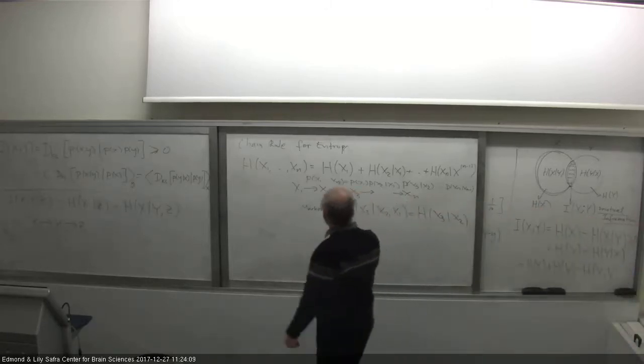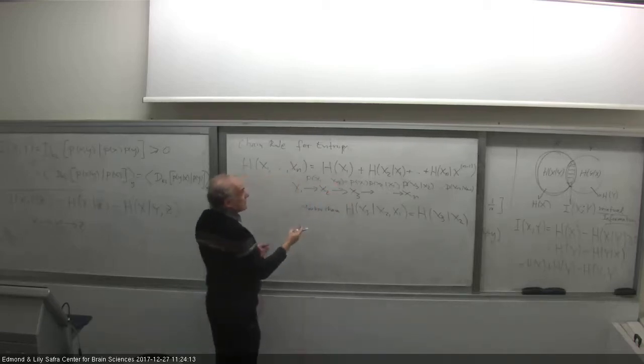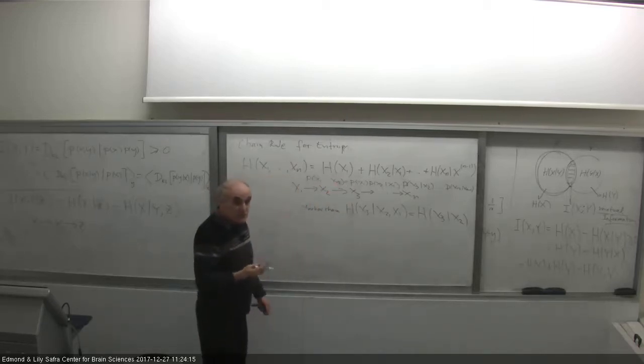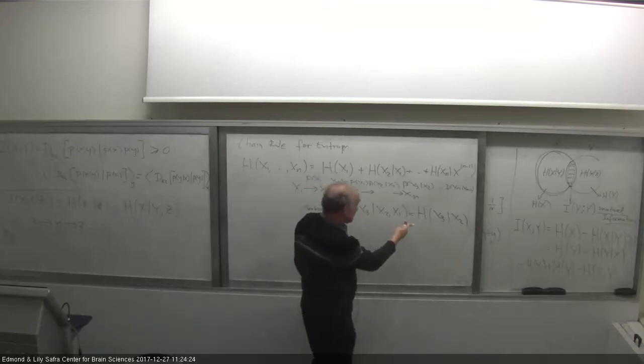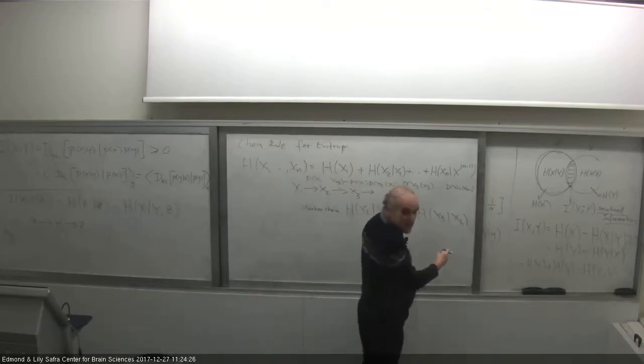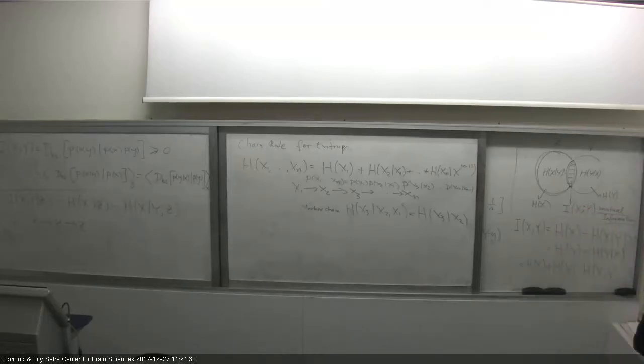This is nice because we're going to talk about the entropy of Markov chains. By the way, if it was a second order Markov chain, you know what it means. Second order means that each one depends only on the previous two. So this will still be 2 and 1, but from 3 on it will be only the previous two, and so on and so forth. So I can write this chain rule for any order Markov chain in a very similar way.